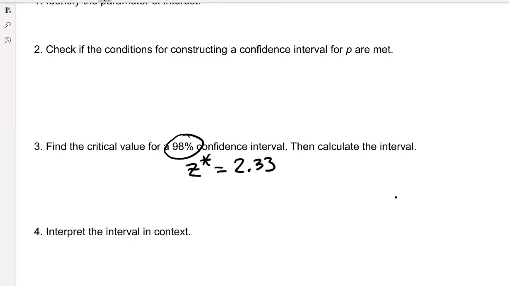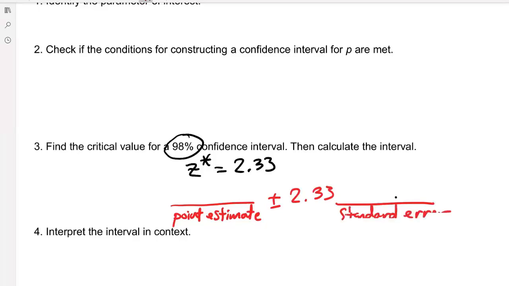So you're going to have a point estimate plus or minus this 2.33 number times the standard error. That's how you're going to put your interval together.